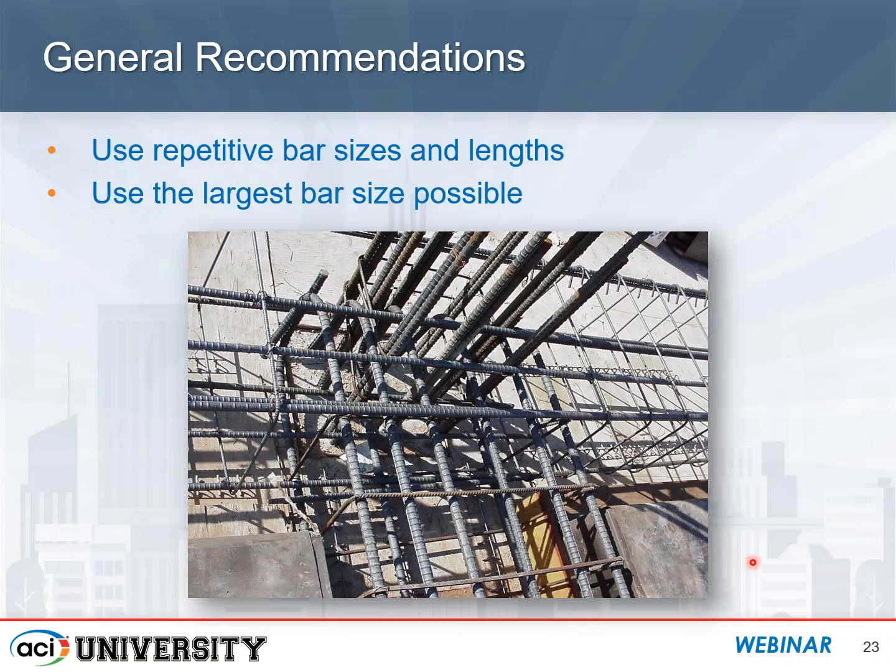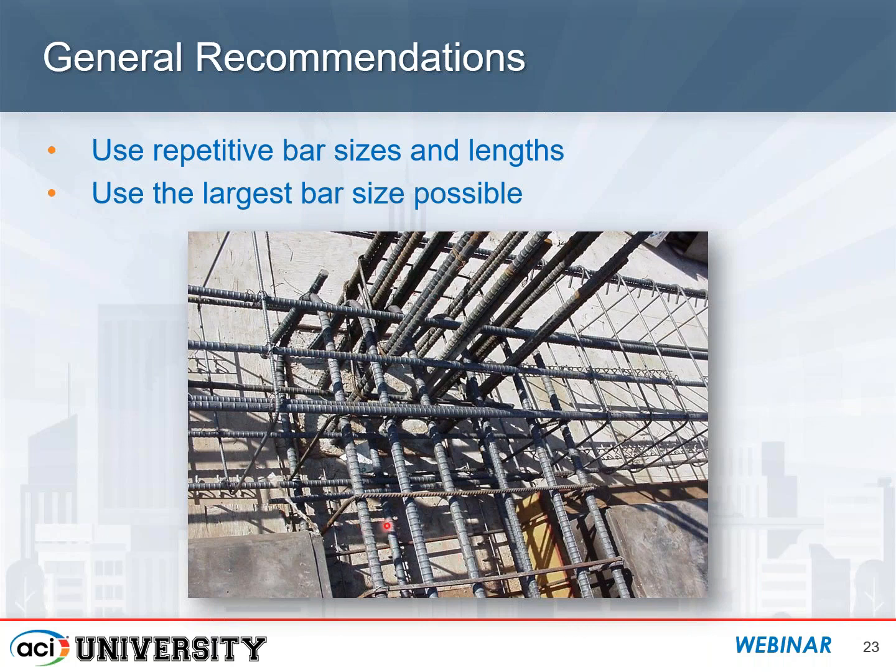Using repetitive bar sizes and lengths, and also the largest bar size that you can possibly use without violating any of the ACI spacing requirements, that will enhance things as well. Take for example this joint detail.